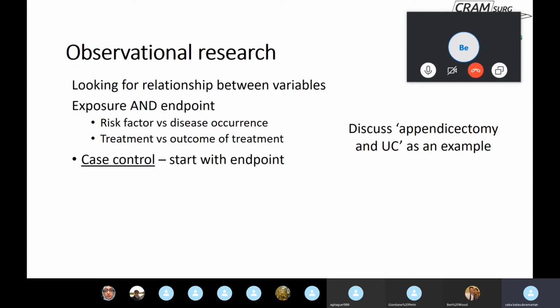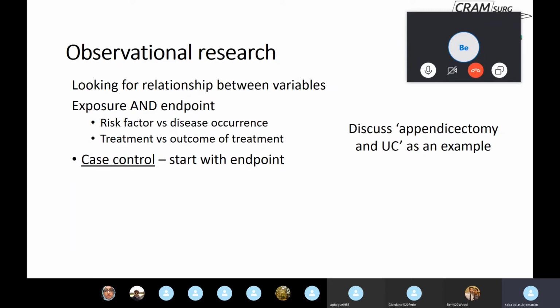Now, the first kind of observational research is the so-called case control study. This is a kind of observational study where you're starting off with the endpoint. If you want to look at the relationship between appendicectomy and the development of ulcerative colitis, as an example, you start off with patients who've got ulcerative colitis, and then you've got some healthy controls who've never had ulcerative colitis or who don't have ulcerative colitis.